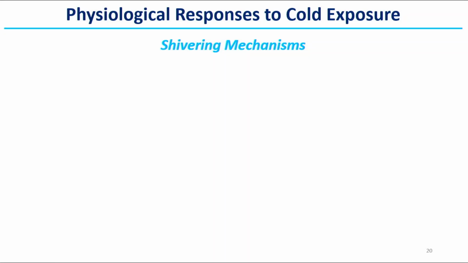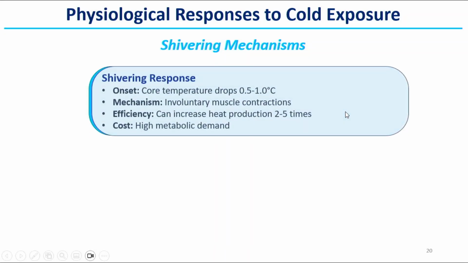And the physical response to the cold exposure is shivering. The onset of shivering is when core temperature drops by 0.5 to 1 degree Celsius. The body core temperature is typically 37 degrees Celsius. So, at 36 to 36.5 degrees Celsius, the shivering starts.